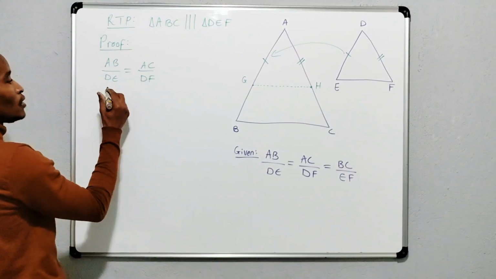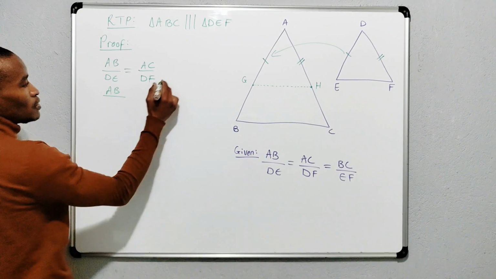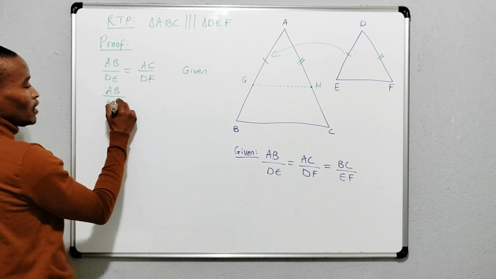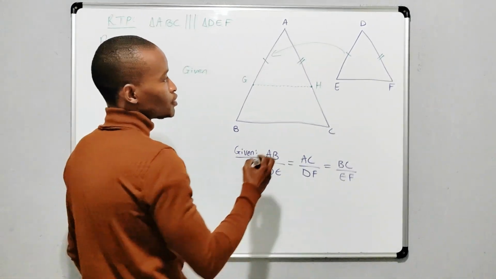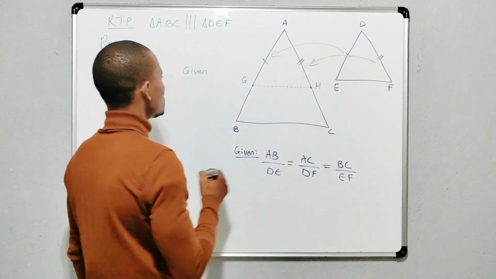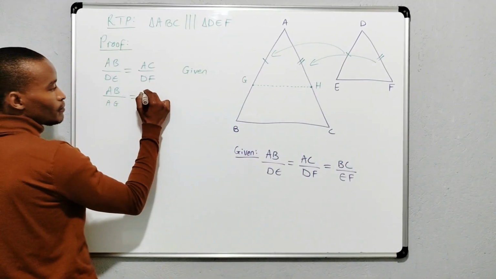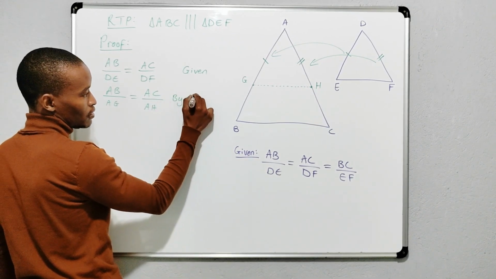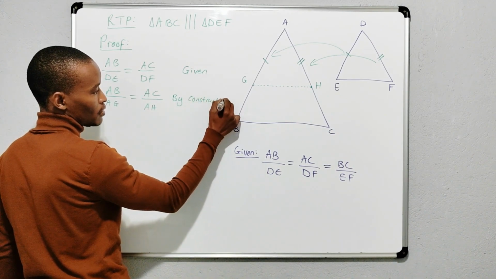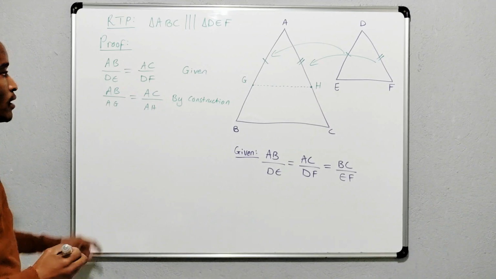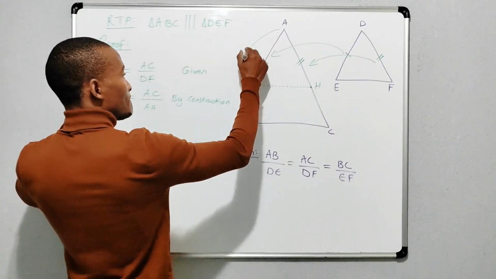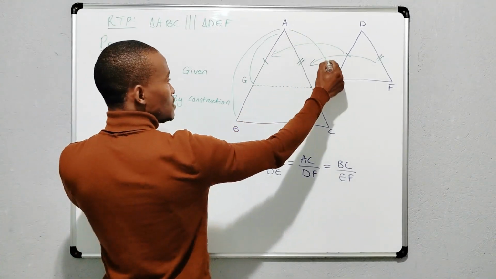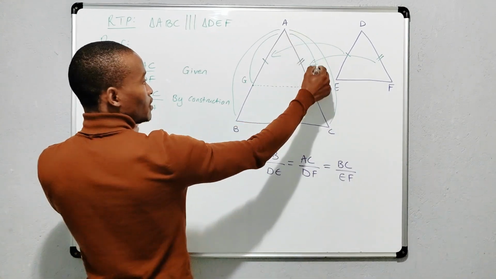So this ratio now becomes AB over AG, which is equal to what? DF is AH, so AC over AH. This is by construction. AB over AG is equal to AC over AH.